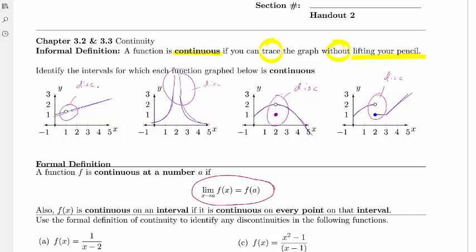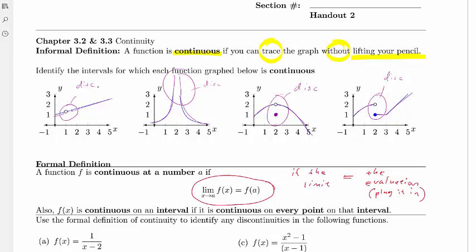So basically, in words, this would be if the limit is the same as the evaluation. And when I say evaluation, I just mean if you just plug it in. If those are the same, then it is continuous.